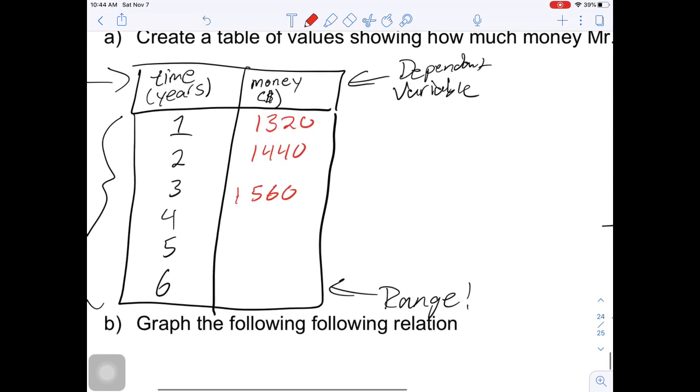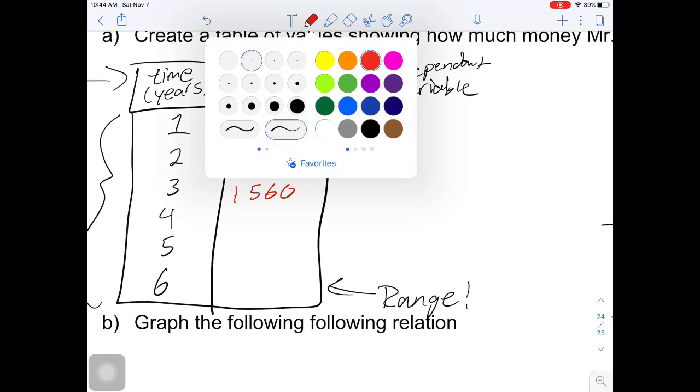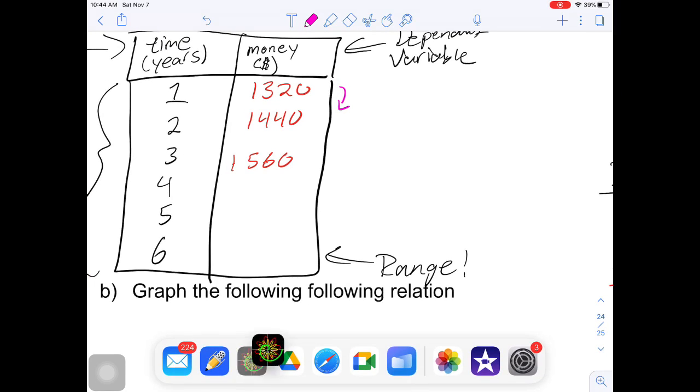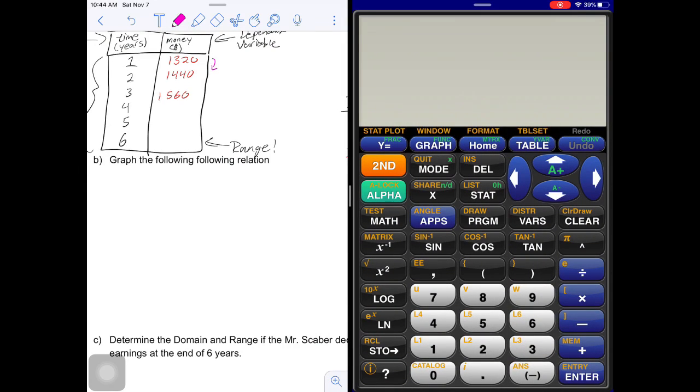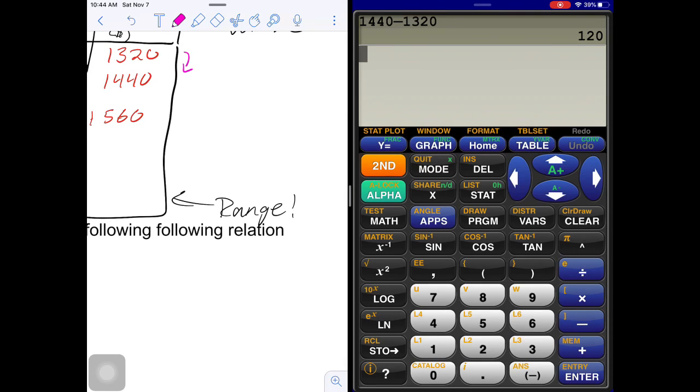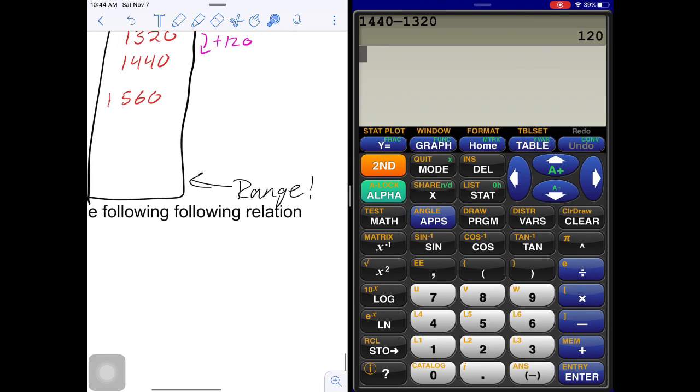Now let's see if this is a linear relation. To get from 1,320 to 1,440, you have to add 120 to 1,320.